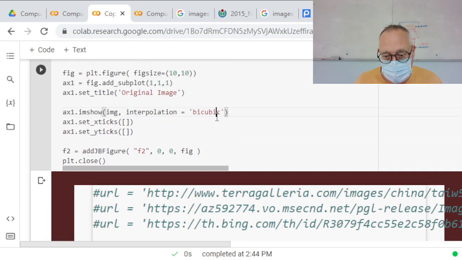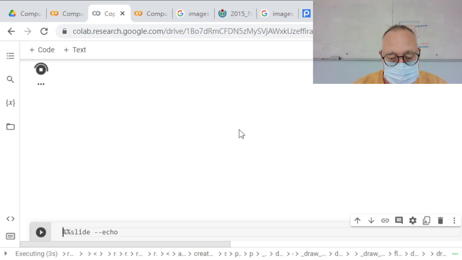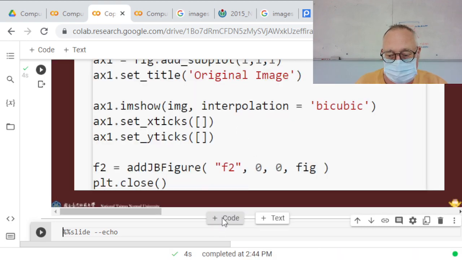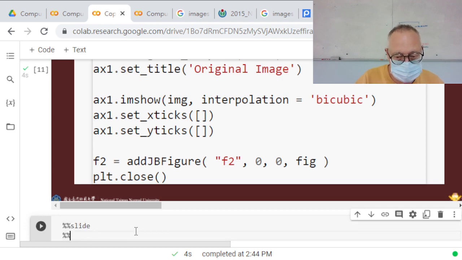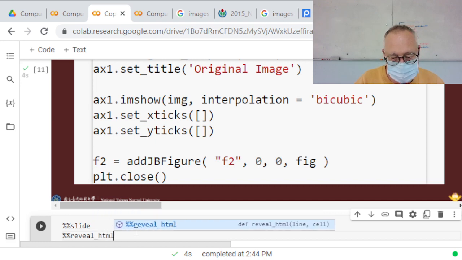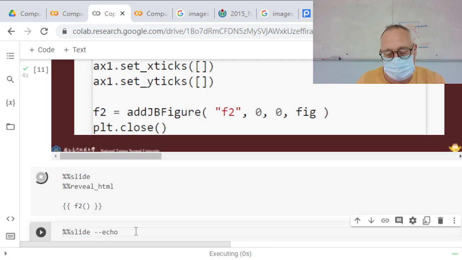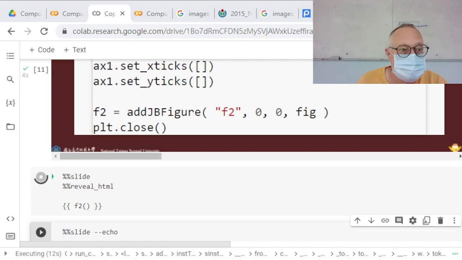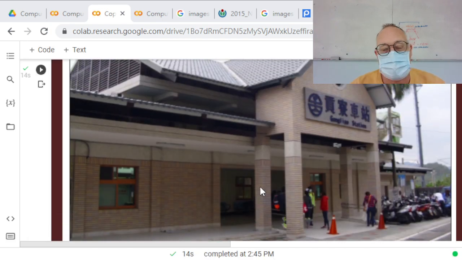So now let's try this. So now that looks a lot better, right?